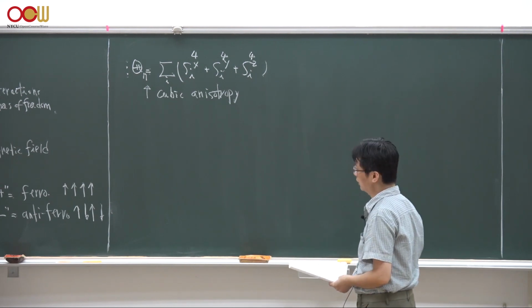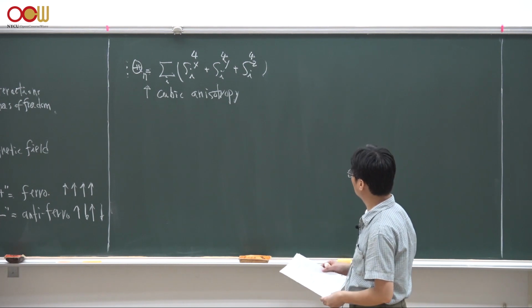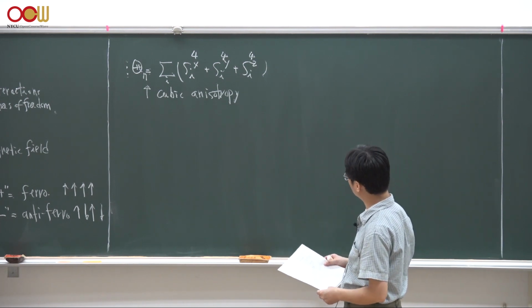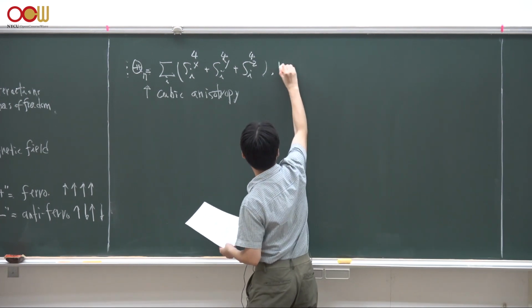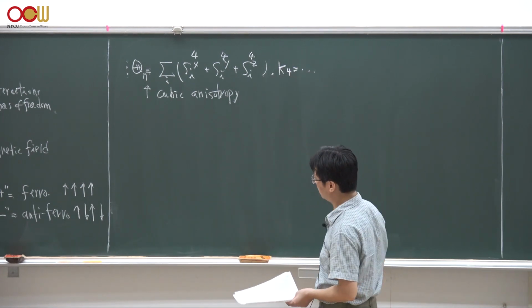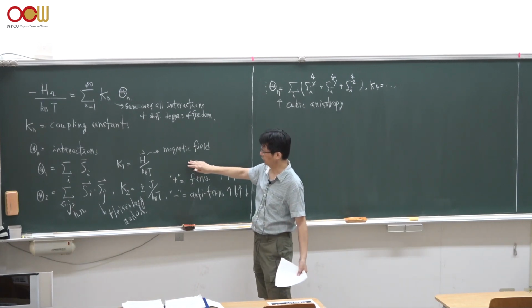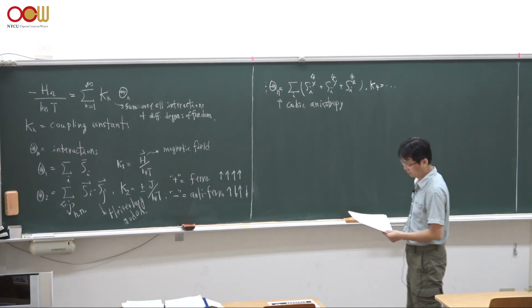And you could have such a higher order theta, say the quartic term, and so on, and you can define this K_4. But we won't discuss higher order terms. We will keep just the leading lowest order terms, theta_1 and theta_2, in our discussion.